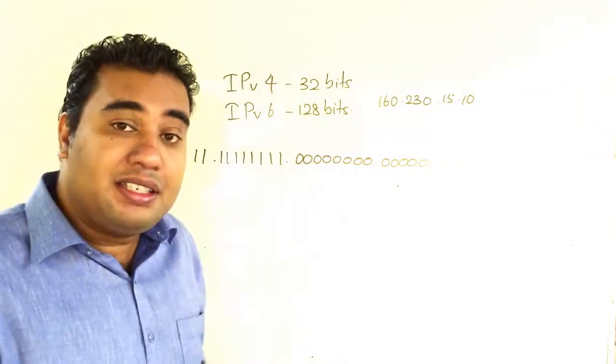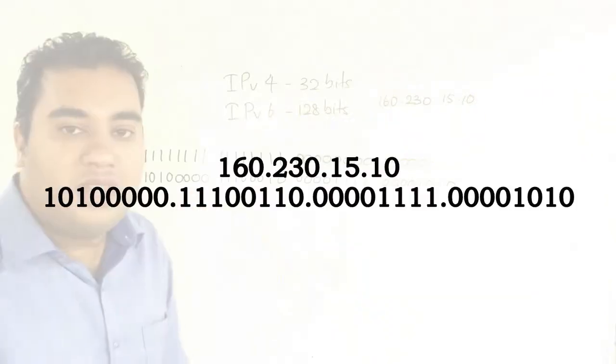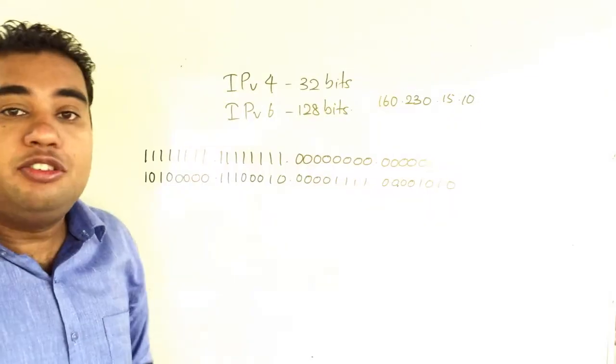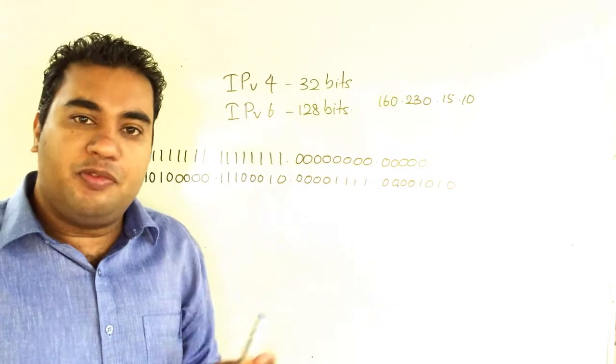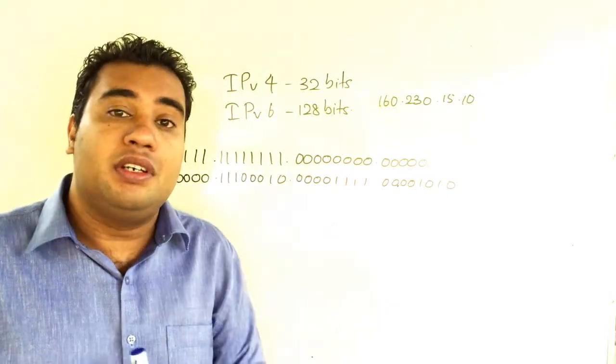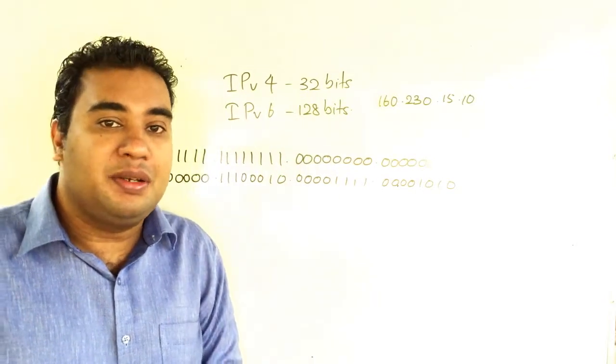So let's convert that into binary format. So this is what you get when you convert this IP address into binary. Then you perform the bitwise AND operation between these two addresses, the IP address and the subnet mask.